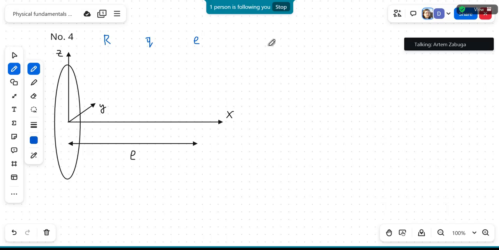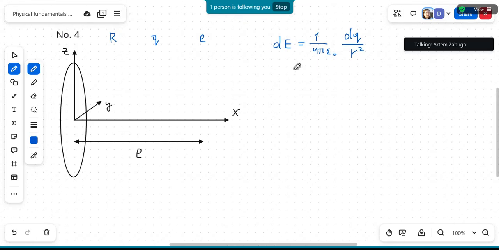It may be defined as dE. dE is equal to 1 divided by 4 pi epsilon 0, times dq divided by r to the power of 2. But this formula is for a point charge.